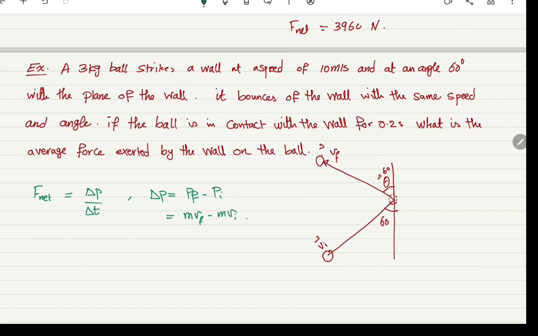Since momentum is a vector quantity, V final in this case equals V final sine theta i hat plus V final cosine theta j hat, and V initial equals V initial sine theta i hat plus V initial cosine theta j hat.